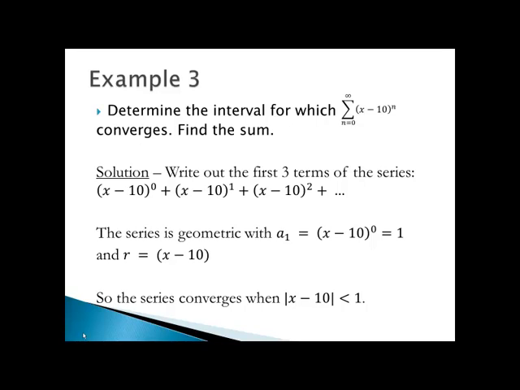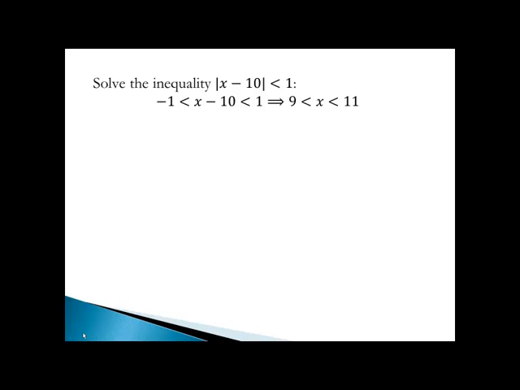Geometric series converge when the absolute value of the ratio is less than 1. Well, r, the ratio in this example, is x minus 10, so I know that this series will converge when the absolute value of x minus 10 is less than 1. Solving that inequality, if the absolute value of x minus 10 is less than 1, that means x minus 10 is sandwiched between -1 and +1, or that x is between 9 and 11.